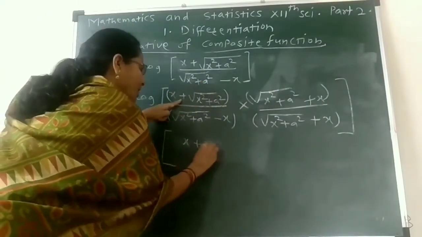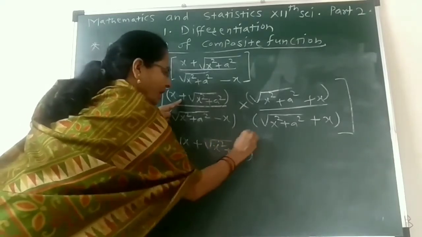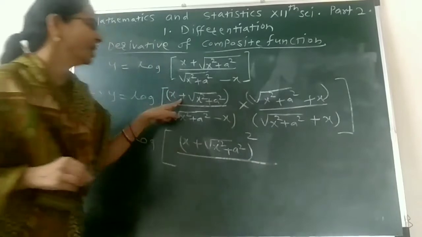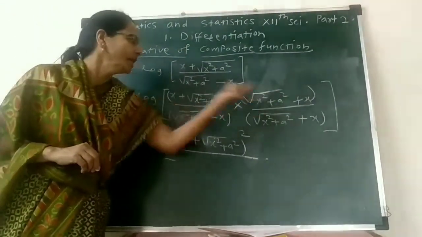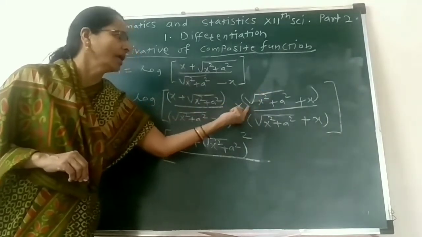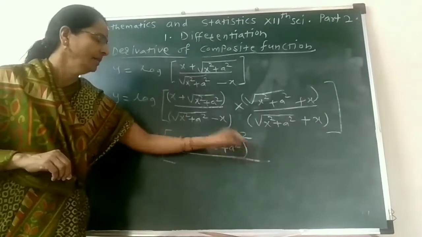So (x plus root x square plus a square) whole square is there. See once again: suppose this term is m, this is the same term, m into m is m square.